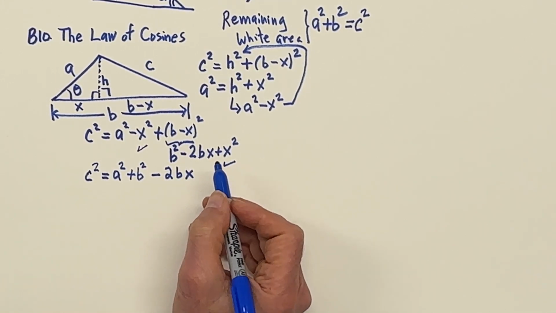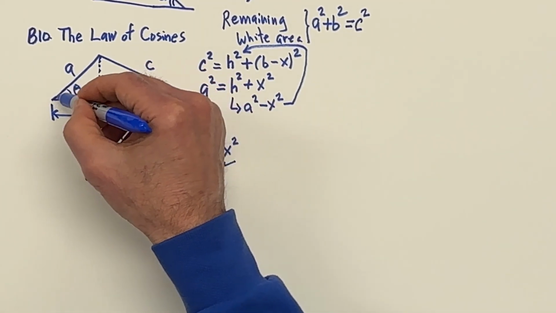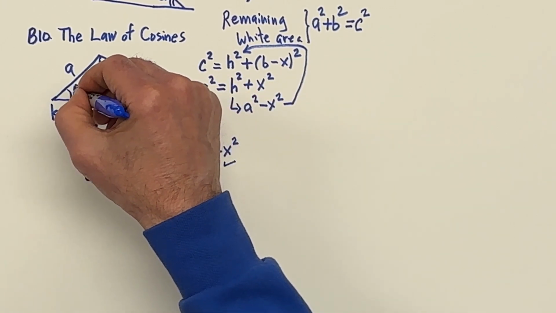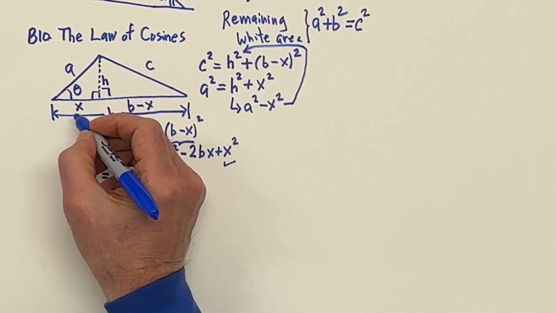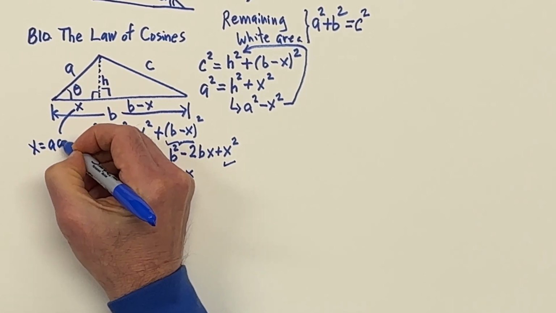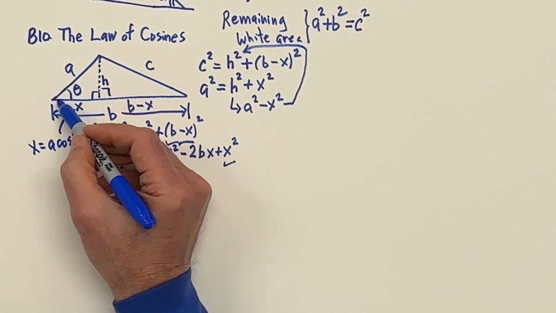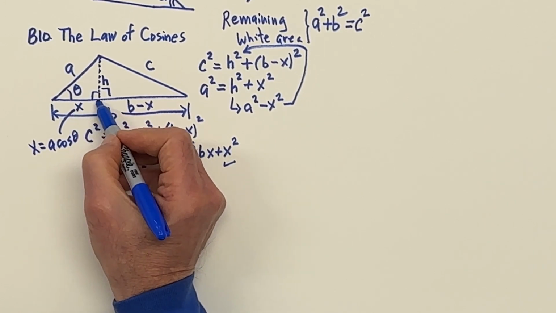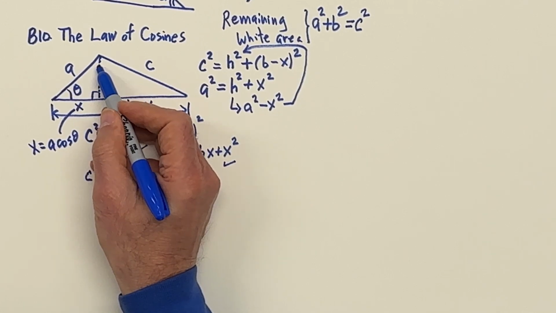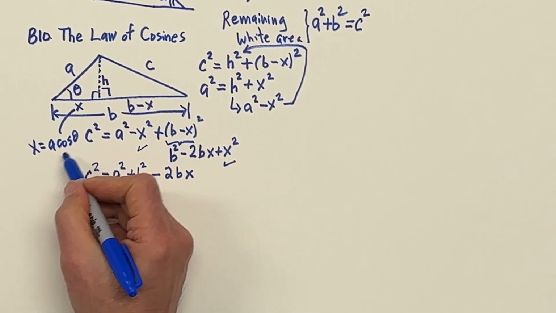At this point, it would be nice to have the formula in terms of a, b, and theta, because I can get that this x is equal to a times the cosine of theta. Remember that the cosine is you take the adjacent side and you divide by the hypotenuse. The sine of theta would be the opposite side, h, divided by a, but I don't want that. I want this one here.